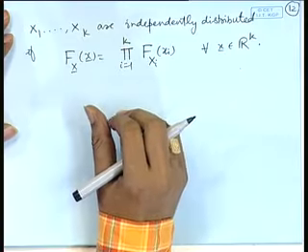Now, we can take the particular cases, that is when all of the xi's are discrete or all of the xi's are continuous, because in that case we can define a joint probability mass function and joint probability density function respectively. So, let us take up these two cases.